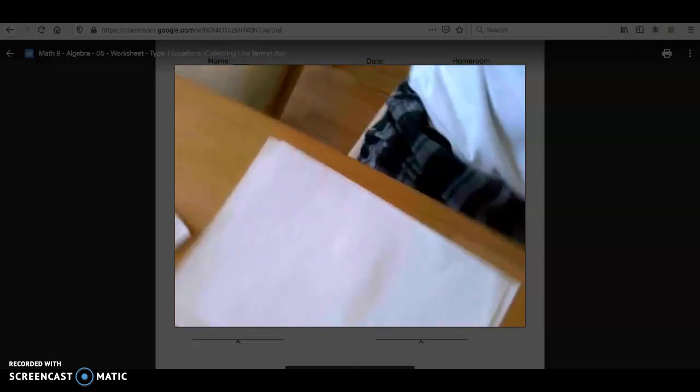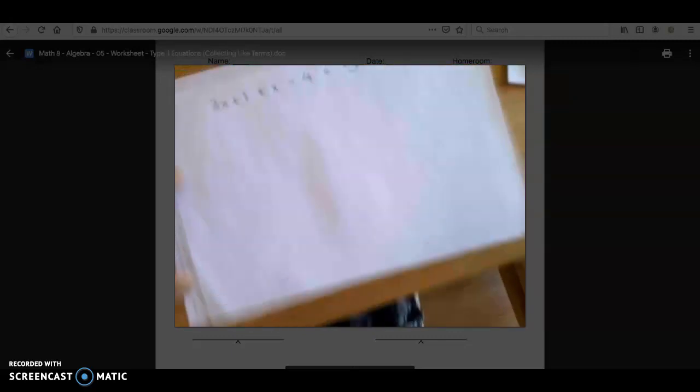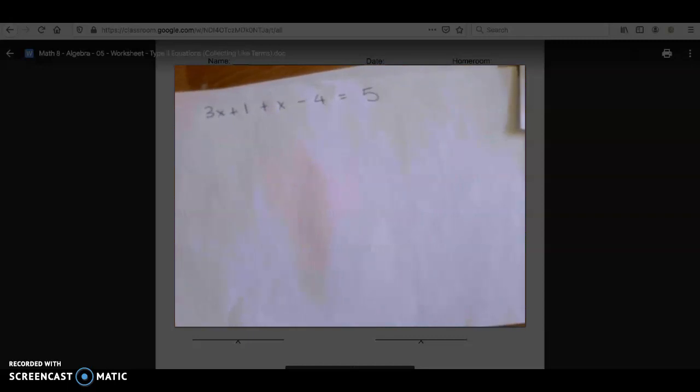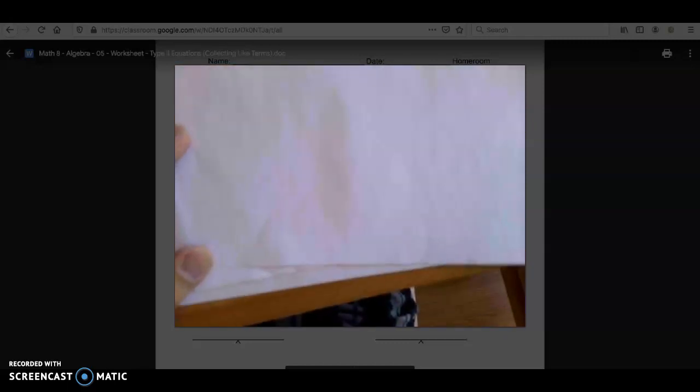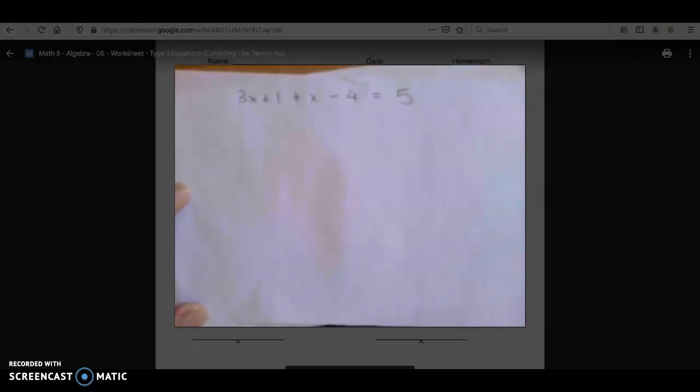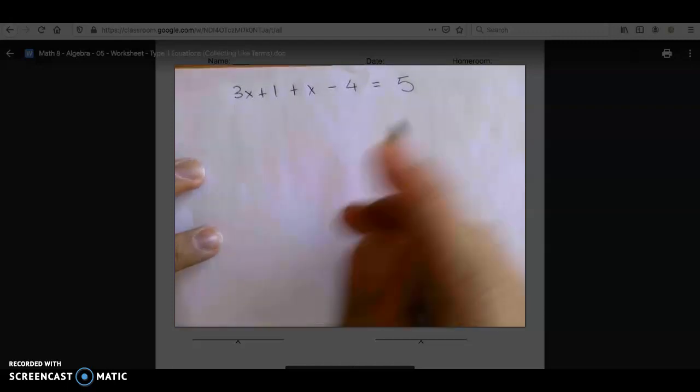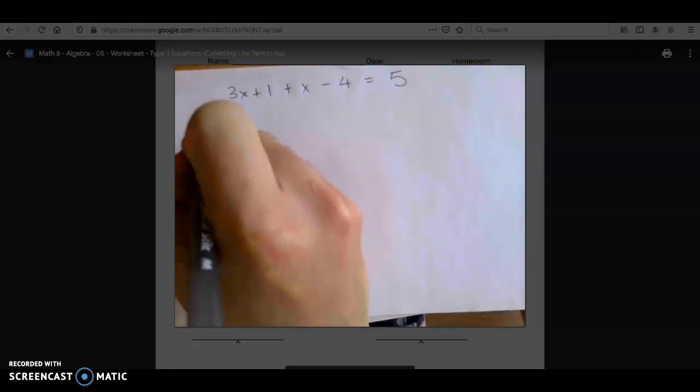Alright, so let's do this. 3x plus 1 plus x minus 4 equals 5. Oh no, it's very blurry. Just give me a second. Okay, there you go.